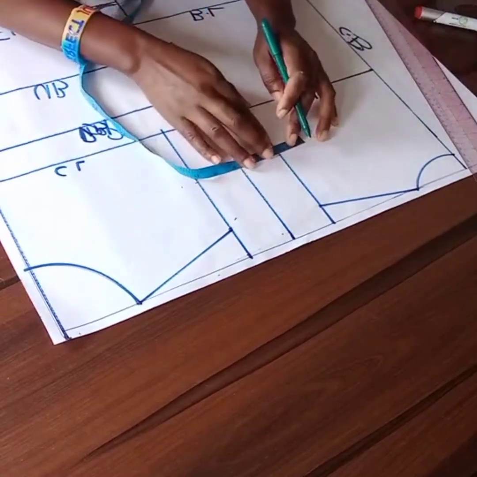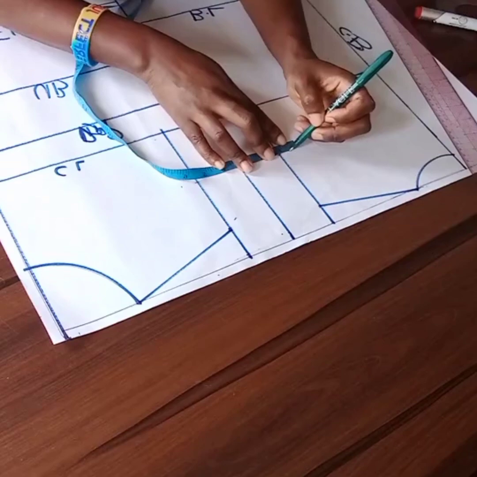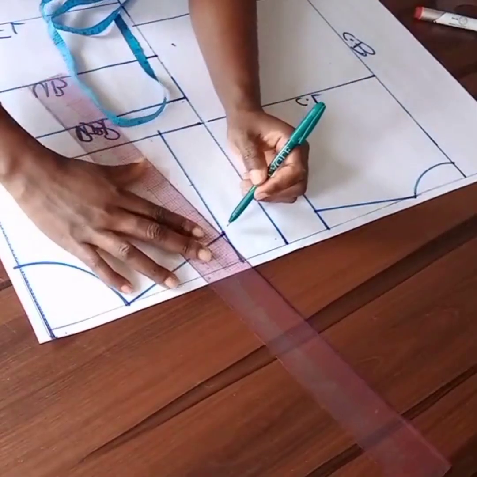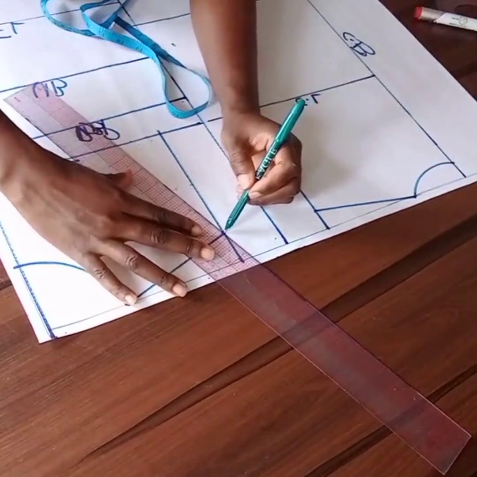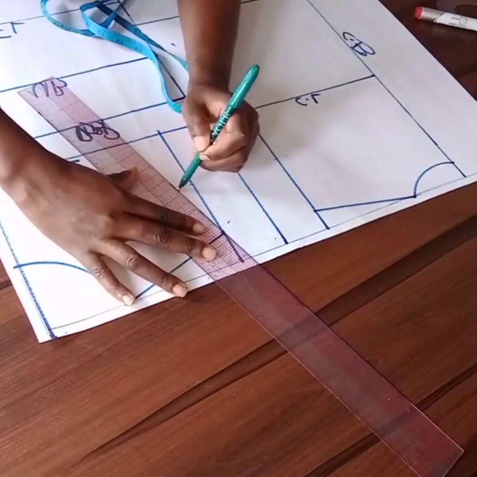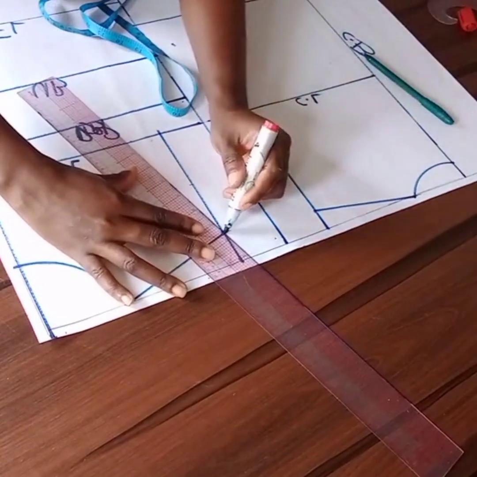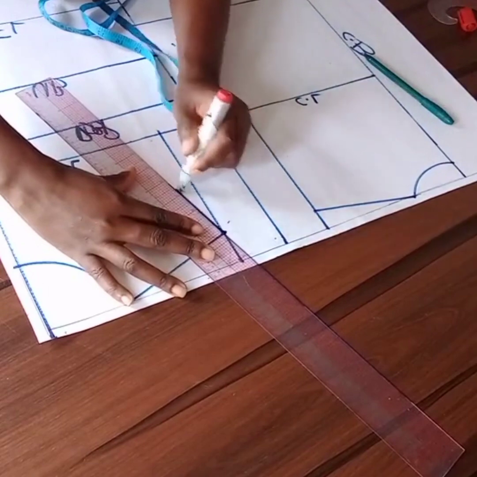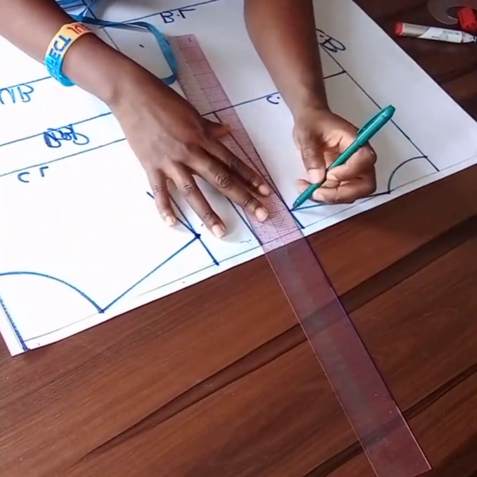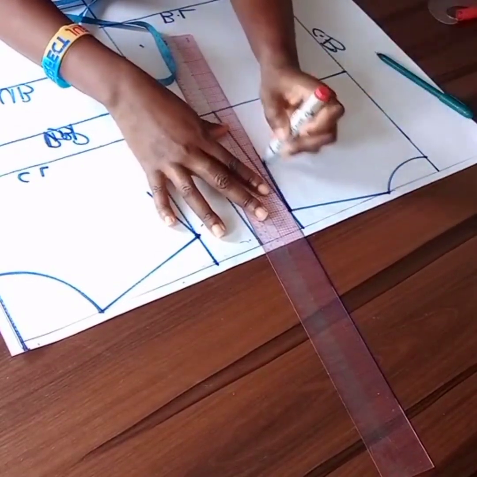Then for the back, I'll be going in by 0.5. Then I'll draw a straight line. Then I'll do something with the back.